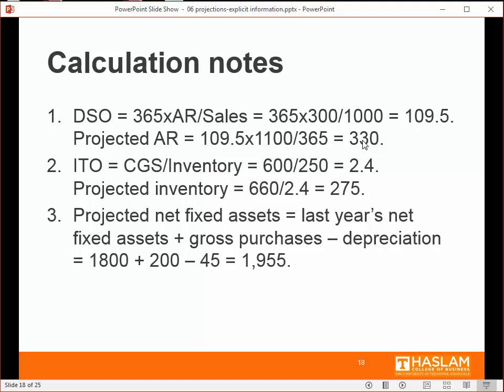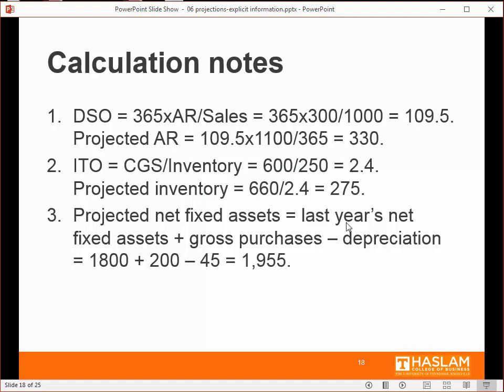So that's going to be our projected accounts receivable. Inventory turnover is currently 2.4, which is pretty slow, but inventory turnover is going to be projected to be the same for now. And so that means our projected inventory is going to be projected cost of goods sold divided by 2.4, or 275.